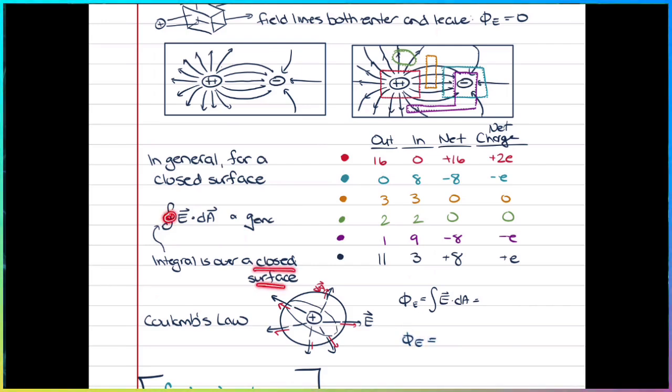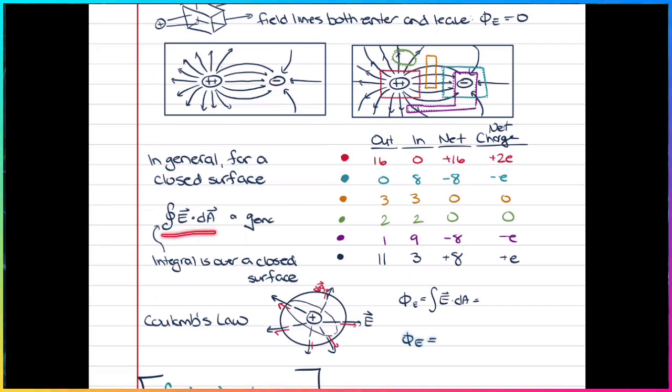So a circle just means that it's over some sort of surface that encloses a volume. It's not just a sheet. A sheet doesn't enclose a volume. The surface of a sphere does enclose a volume. The sides of a box does enclose a volume.